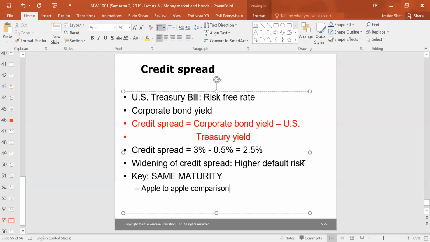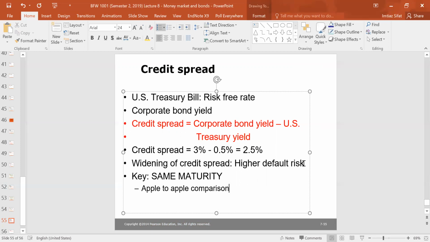So let's say we find out that the yield of a 5-year U.S. Treasury bond is 0.5%. So that would mean that the credit spread here for a 5-year security is 3% from Boeing and 0.5% from the U.S. government, the Treasury. So the spread is 2.5%.